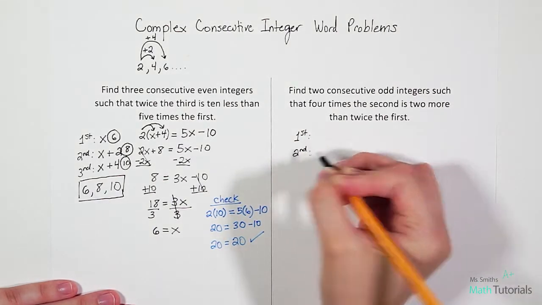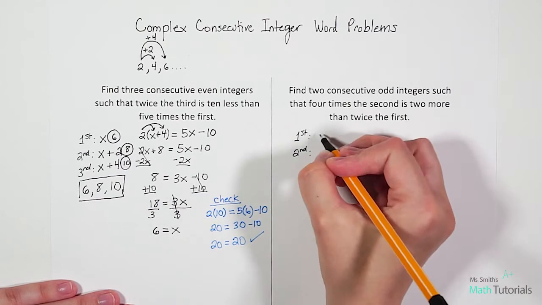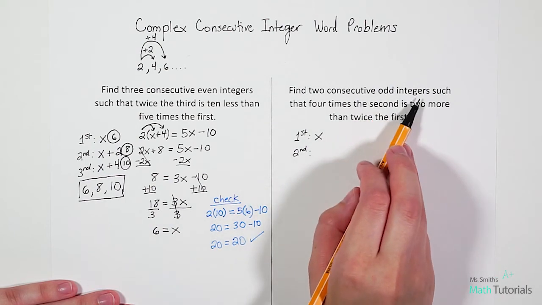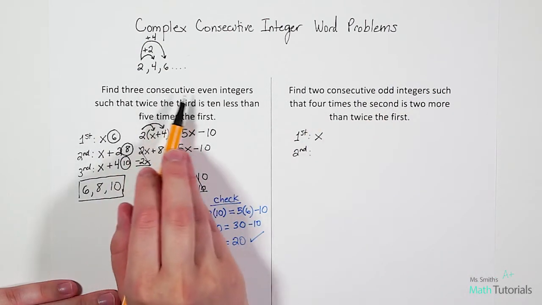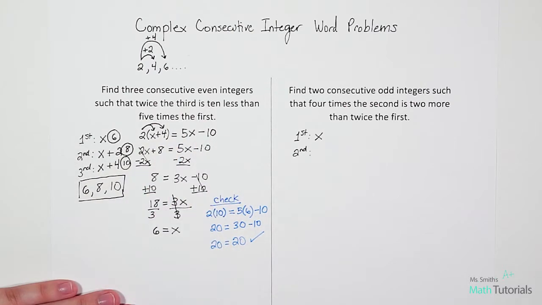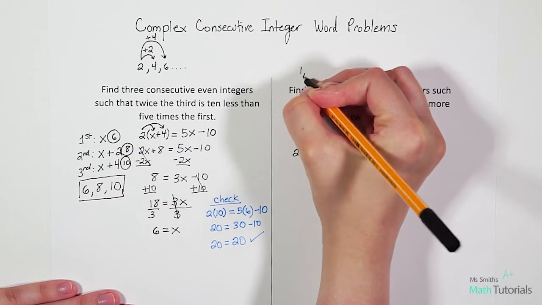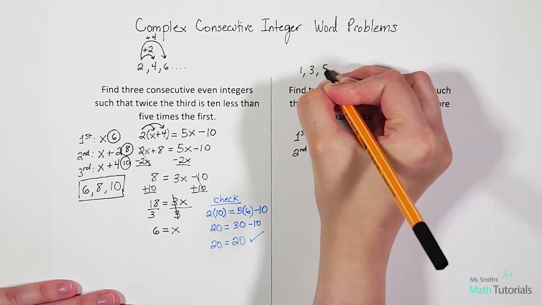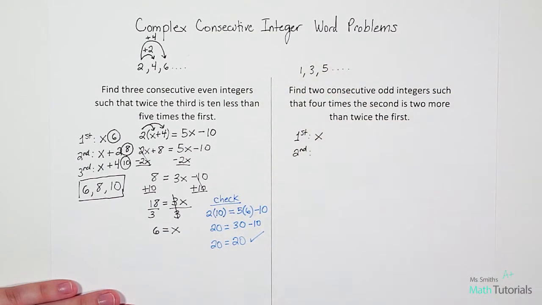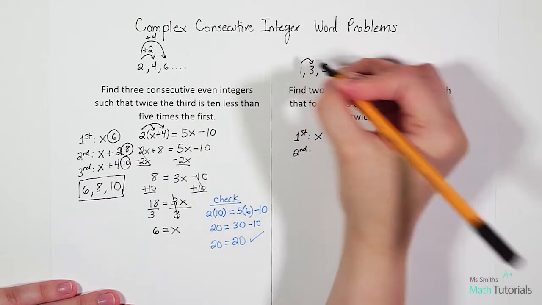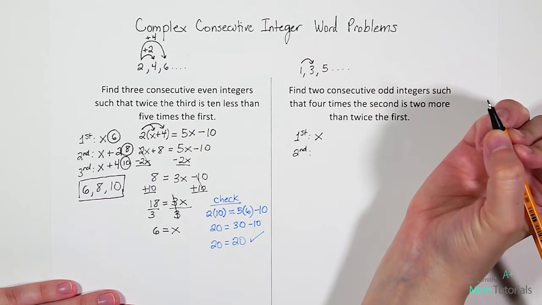Our first number is always going to be x. Now, our second number, remember that these are odd integers. So again, very similar to even, it's going to be every other number. So let's think about odd numbers. So we've got 1, 3, 5, and so on, right? Now to get from 1 to 3, how many units would we have to add?